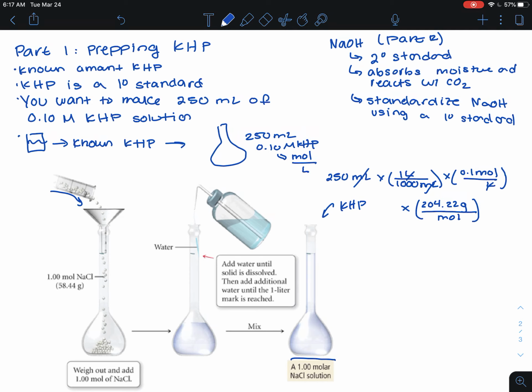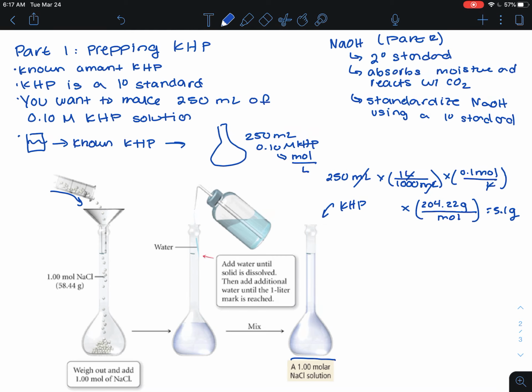Now, a lot of the time, students actually just do KHP instead of doing the KHC8H4O4. So make sure that when you're doing the molar mass, you're using the actual KHC8H4O4, not just the abbreviated. So if you plug that in, you should get 0.25 times 0.1 times 204.22 is around 5.1 grams.